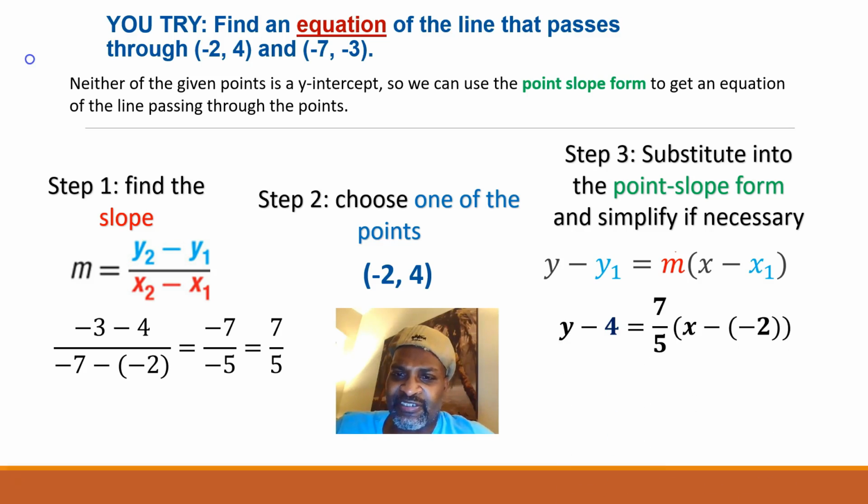Let's do our substitution. 4 is y1, 7/5 is m, and -2 is x1. Now notice that we're subtracting a -2, but that's the same thing as adding a 2. So we can simplify that last statement like this. And that is the equation of the line that passes through these 2 points in point-slope form.